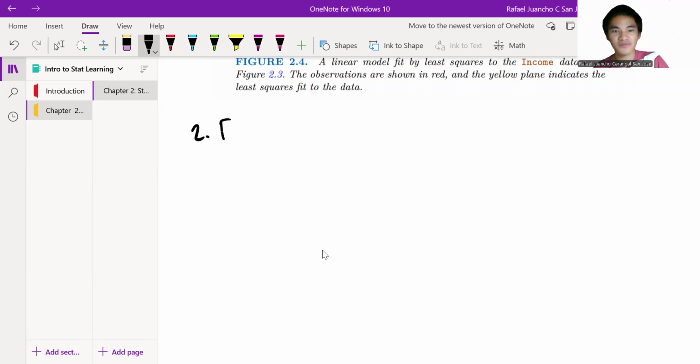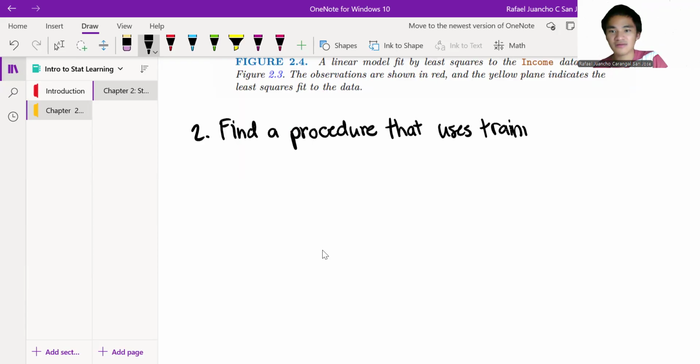So find a procedure and do the procedure, obviously, that uses our training data. So we're going to use that training data to fit.